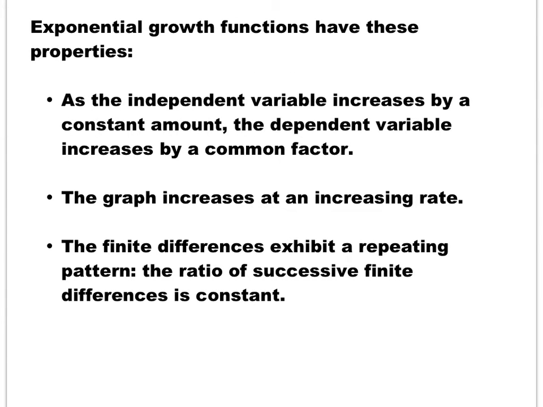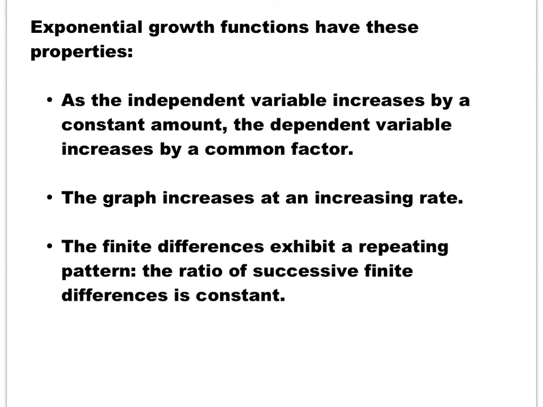Now, there are a couple of properties of exponential growth functions that we are going to discuss right now. The first one is that as your independent variable x is increasing by a constant amount, the dependent variable increases by a common factor, that ratio that we found in the previous example, which was 2. So every term is multiplied by 2 to get the next term. The graph increases at an increasing rate, as I showed you.